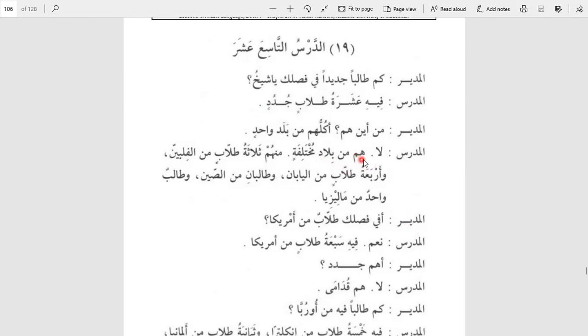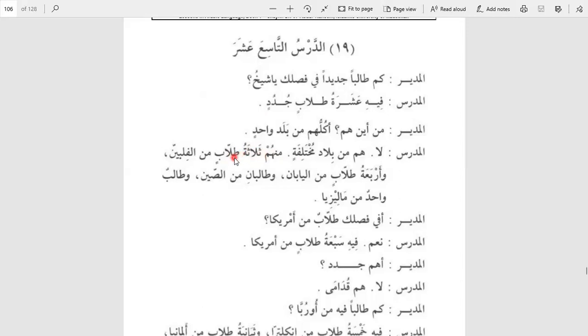So minhum is mubtada, and min is jarun wa majrurun. Biladin mukhtalifatin is na'at. So minhum thalathatu tulabin. Let's take note of thalathatu tulabin. We have been doing numbers, and this is one of the principles.